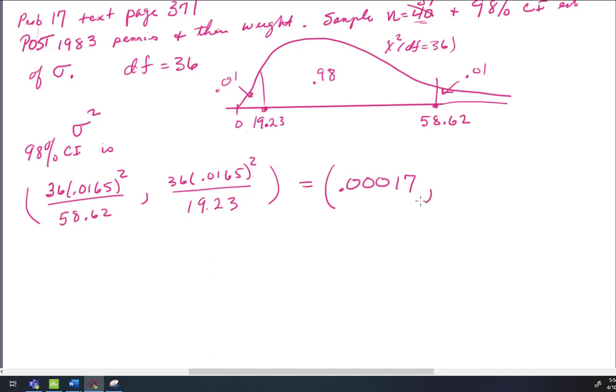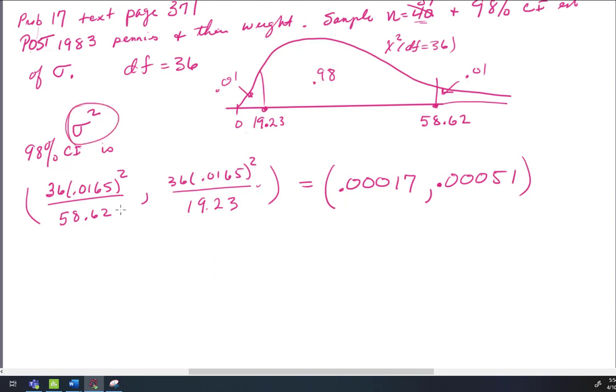I know this got to be a small number, didn't it? Now calculate this value. Okay, then I've got it in my calculator. So all I need to do is change the denominator, since the numerator stays the same, to 19.23, and this is 0.0051.